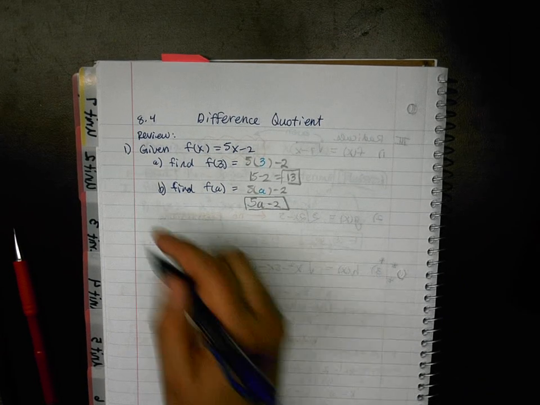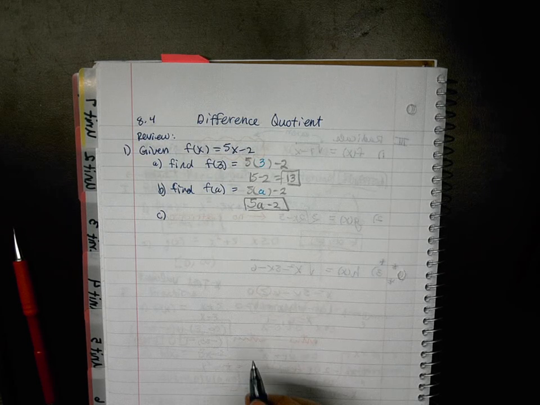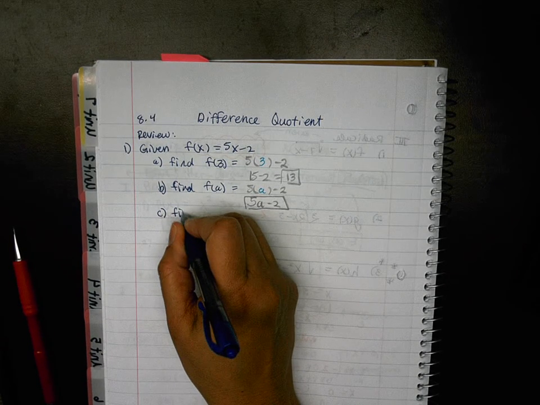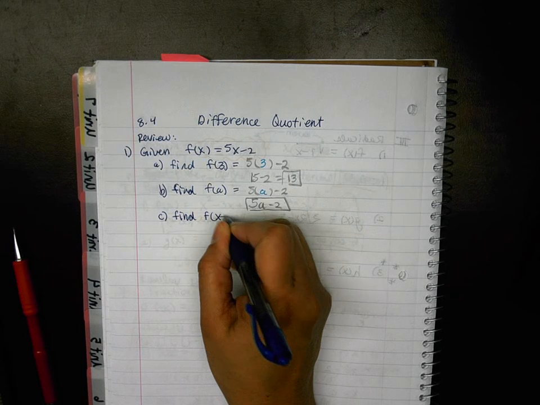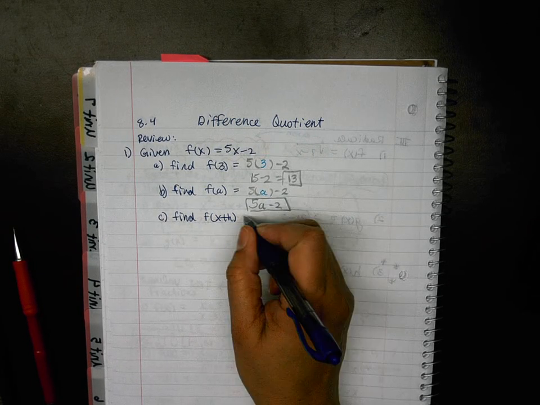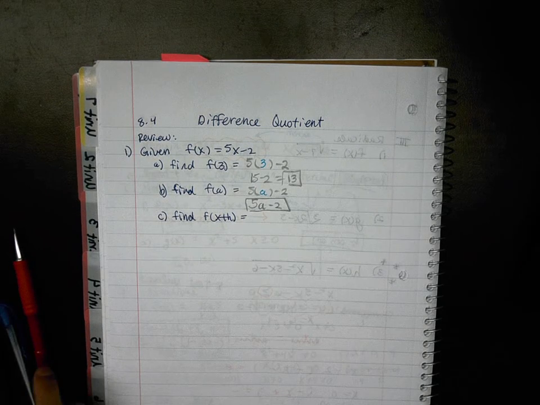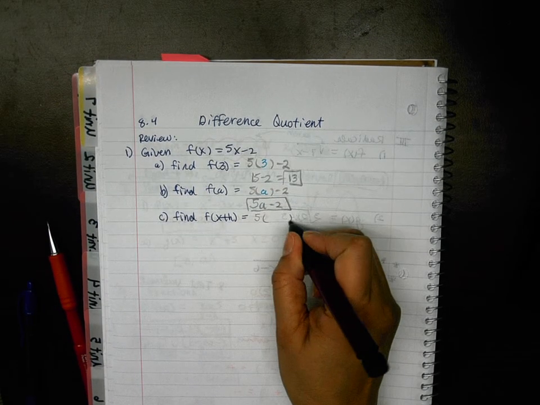Letter C. Was there a question? No. Okay. Here, this is the part that's going to lead into what we're doing today. F of x plus h. And part of B as well, the f of A ones. But x plus h we're going to be doing a lot of. Equals 5 blank minus 2. I'm going to leave this blank a little bit bigger only because I'm plugging more in.